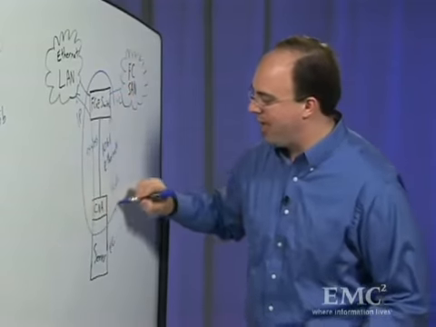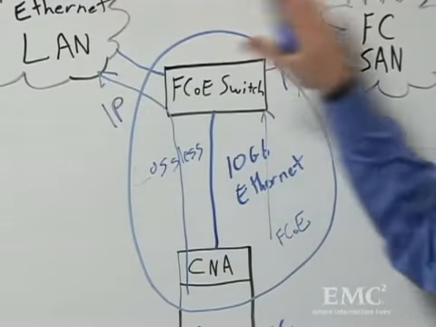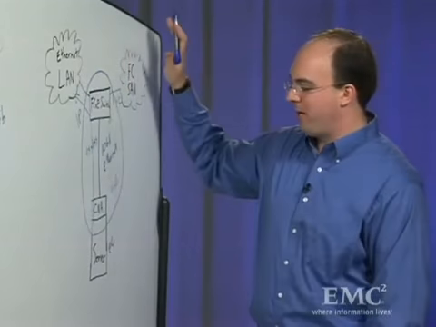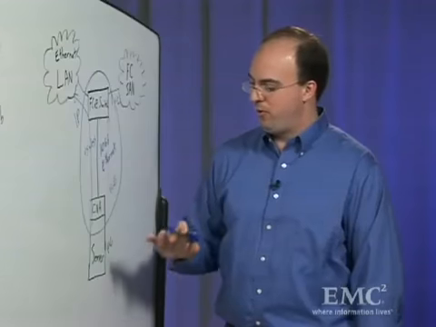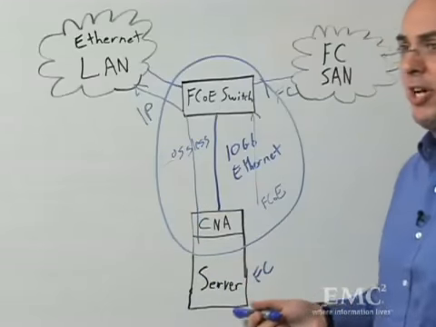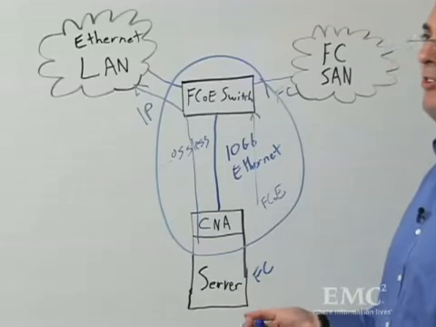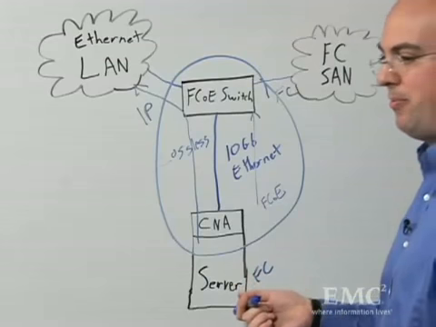But really what we're saying is outside of this new environment, everything stays unchanged. My existing LAN, my existing SAN, and applications at the server see traffic as they did before, which is the IP traffic and the Fibre Channel traffic. So even at the application layer, things like multipathing remain unchanged.